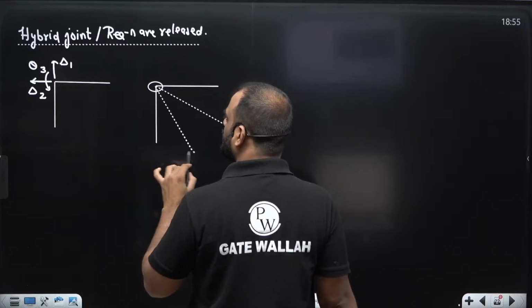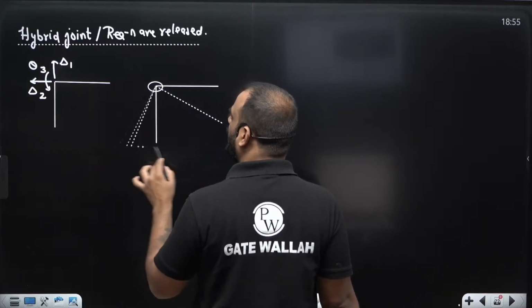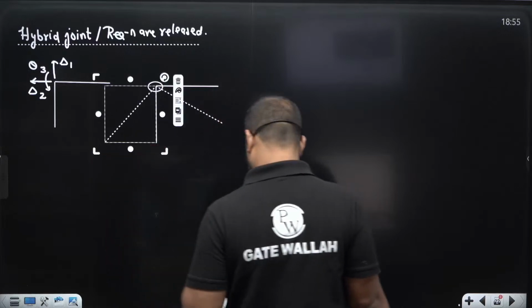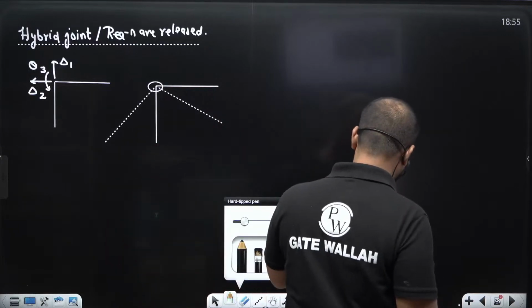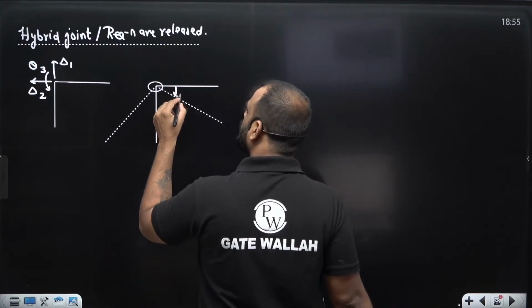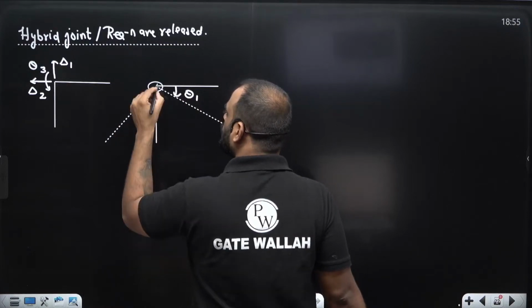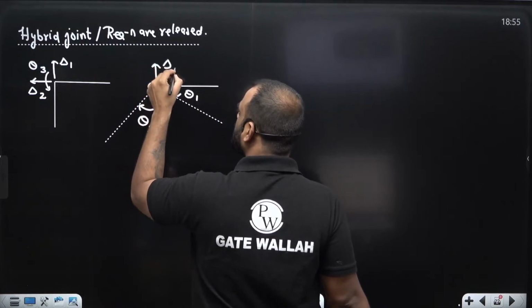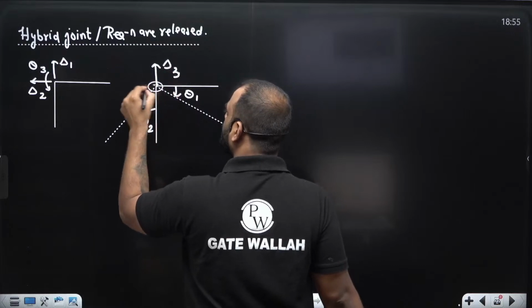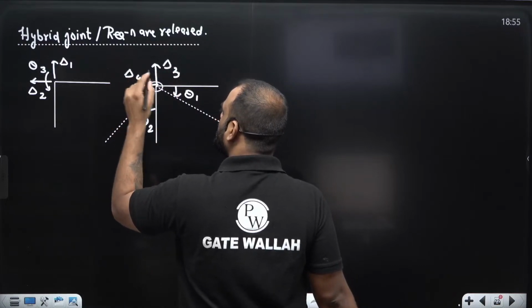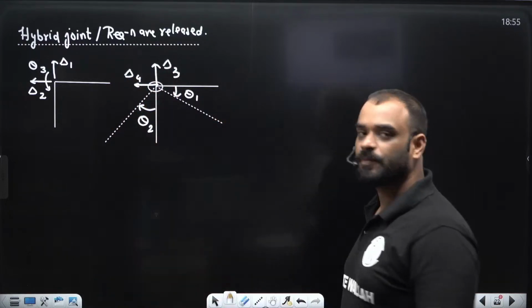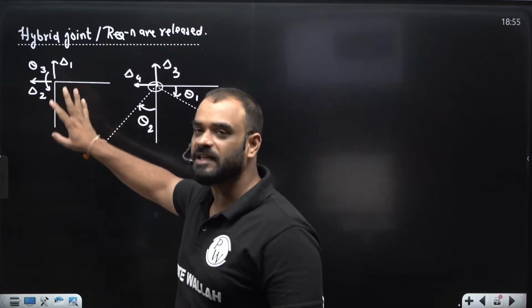So both the values of theta are different in this case, and they are not depending on each other. That is the reason we need to consider theta 1 and theta 2. And 2 linear displacements are already present, 3 and 4. So total degrees of freedom of this particular joint is 4. But in the previous case, it is 3. Why is it so?